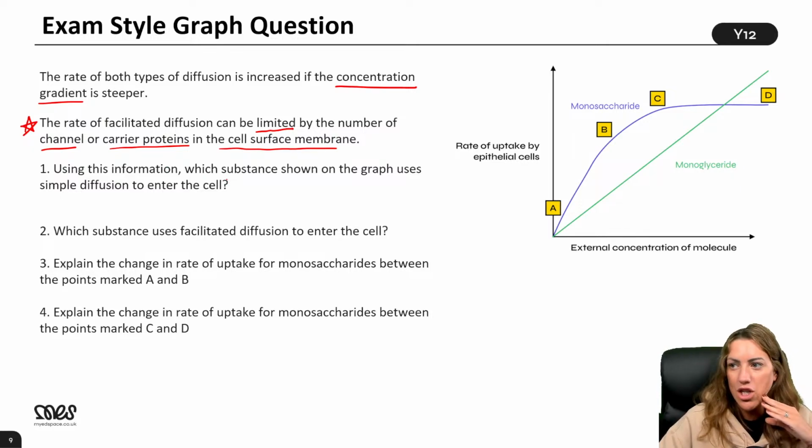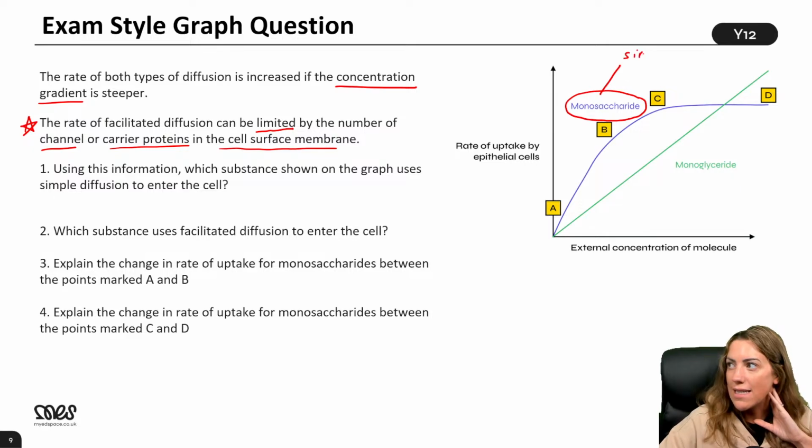Using this information, which substance shown on the graph uses simple diffusion? We're going to label the membrane to finish at the very end. So we've got two substances on this graph. We've got a monosaccharide, which is a simple sugar, and a monoglyceride, which is a simple lipid or fat.